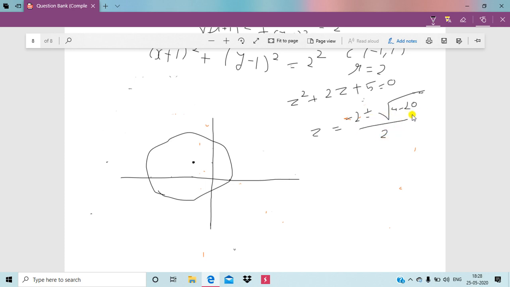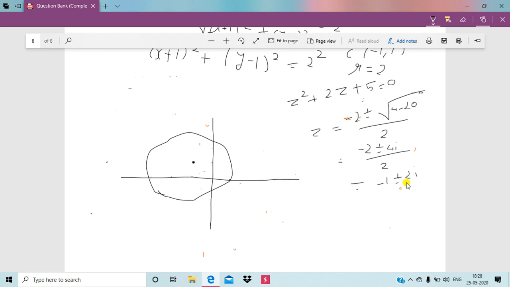So it will be minus 16, which is plus minus 4i. So it is now minus 2 plus minus 4i by 2. So it will be minus 1 plus minus 2i.